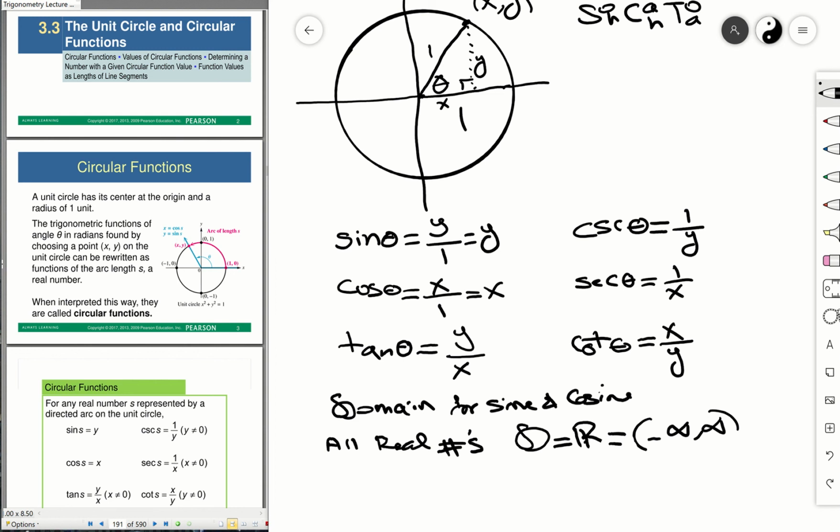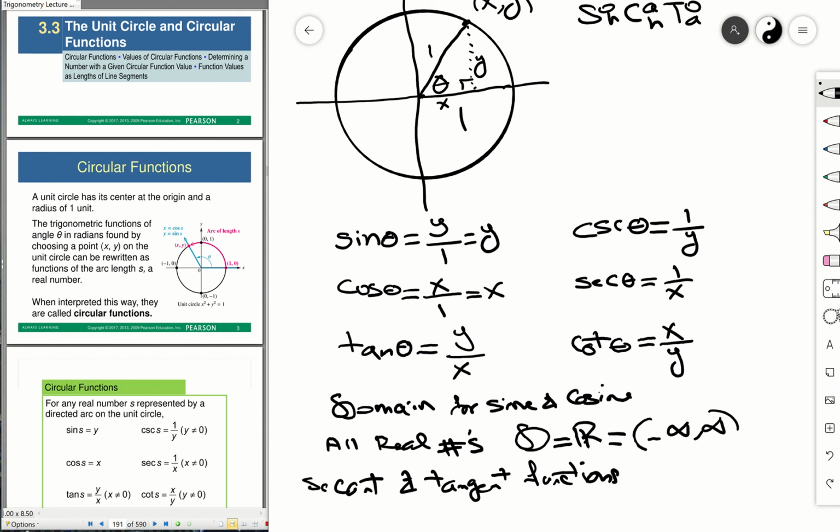So for secant and tangent functions, the domain is going to get restricted.